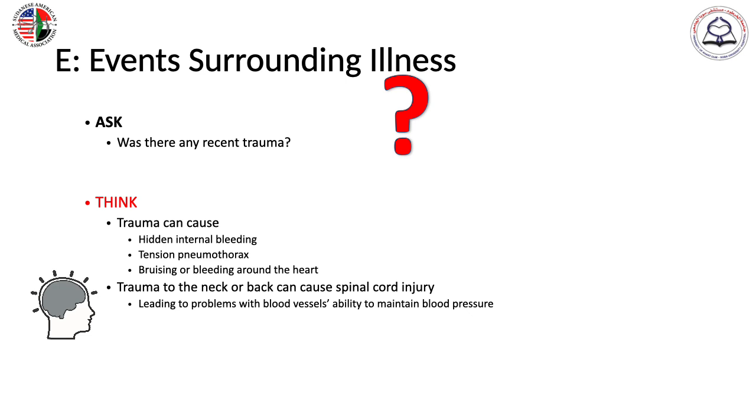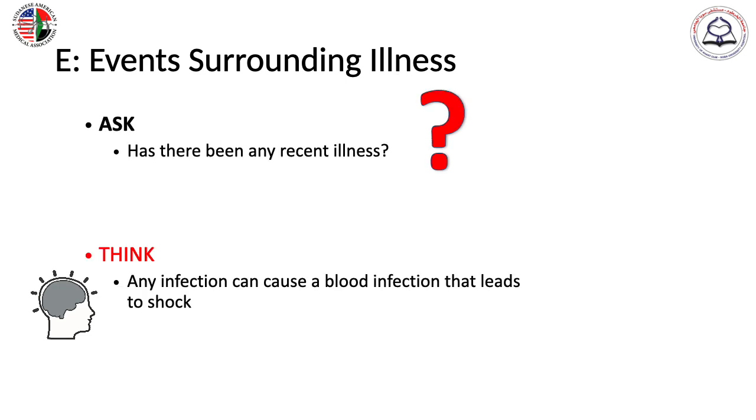Because it can point to internal bleeding, tension pneumothorax, cardiac tamponade, and also trauma to the neck can lead to spinal shock because of injury to the spinal cord. And recent illness like any infection could lead to sepsis.